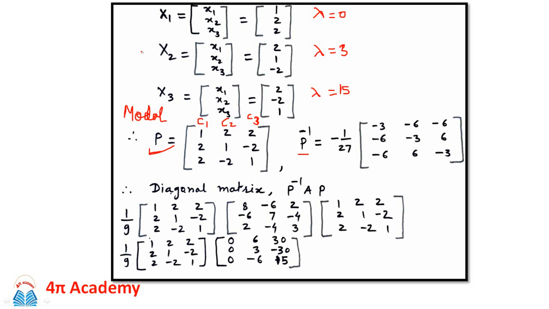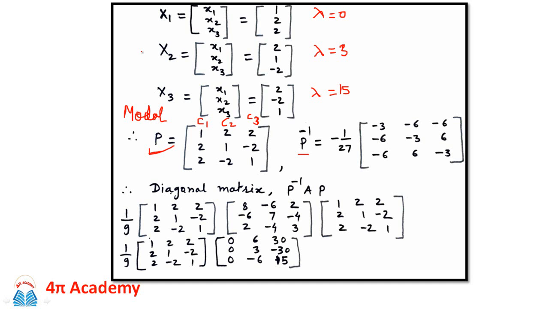Then 1 upon the determinant of the matrix multiplied by the adjoint of the matrix will be your P inverse. Now I have calculated this P inverse, and it is equal to minus 1 upon 27 times this, that is minus 3, minus 6, minus 6, minus 6, minus 3, 6, then minus 6, 6 and minus 3.